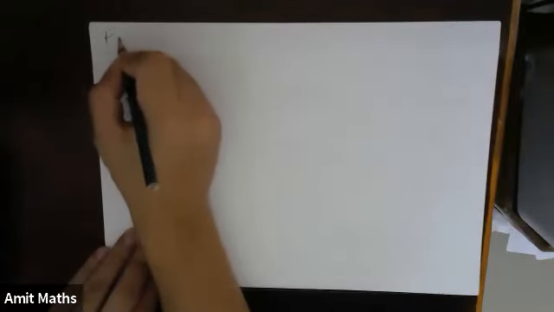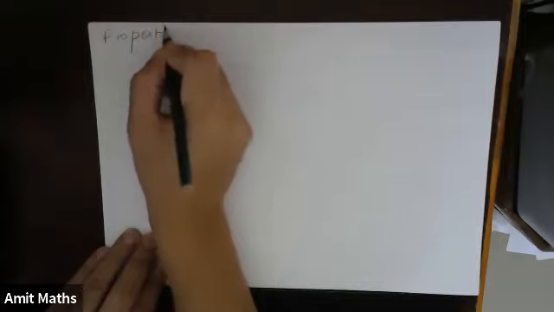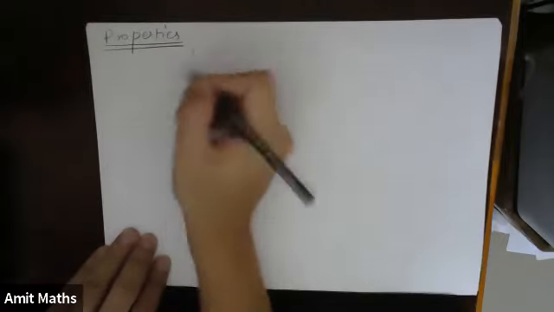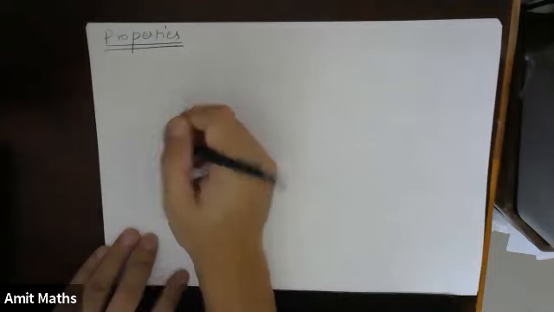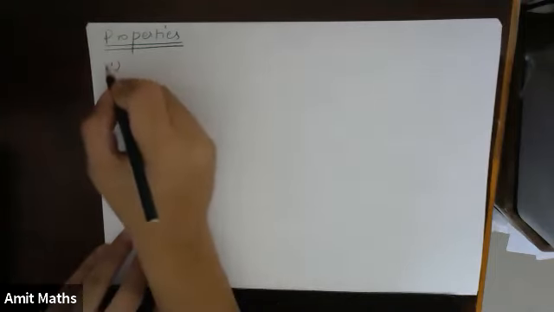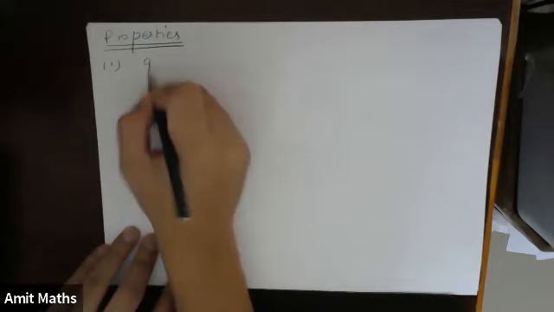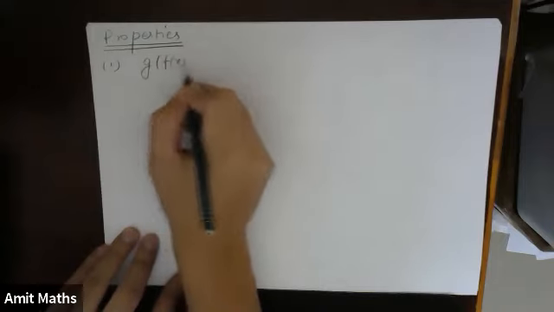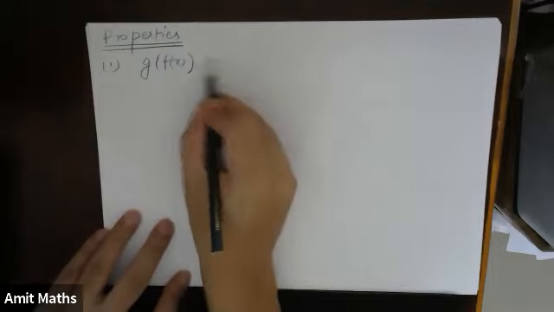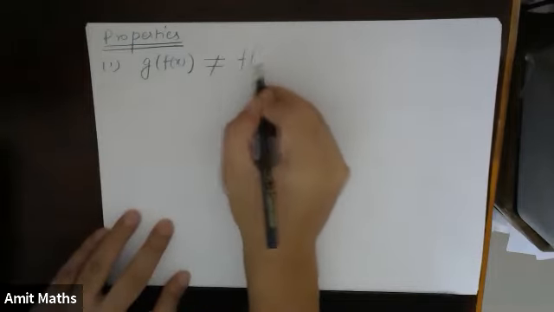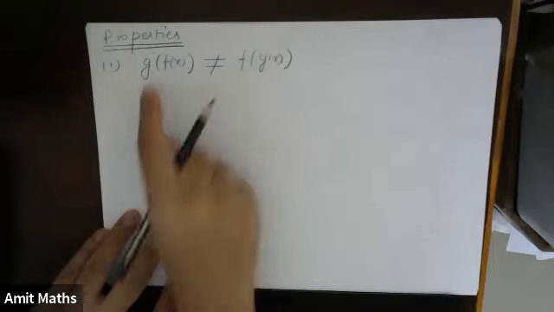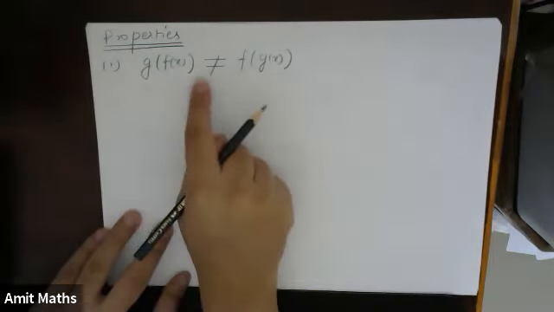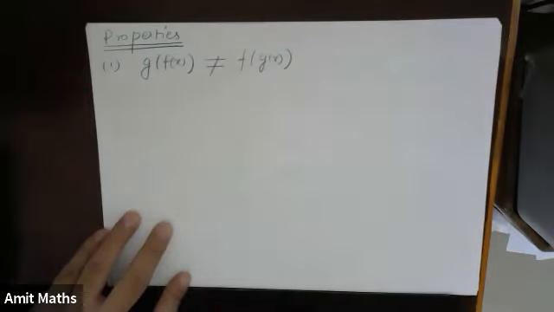Now see, the first standard property of a composite function is that g(f(x)) is not the same as f(g(x)). g(f(x)) will not always be equal to f(g(x)).